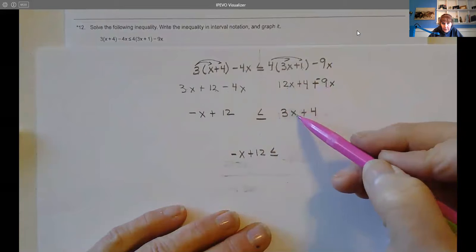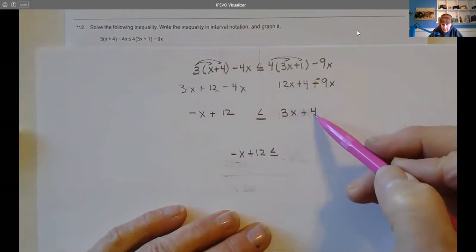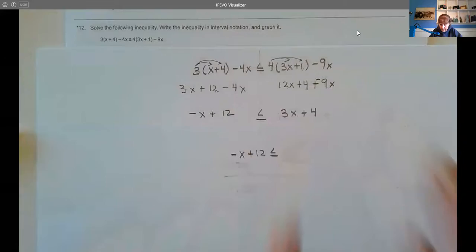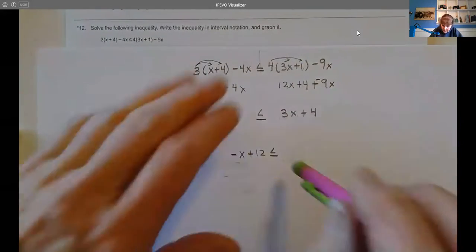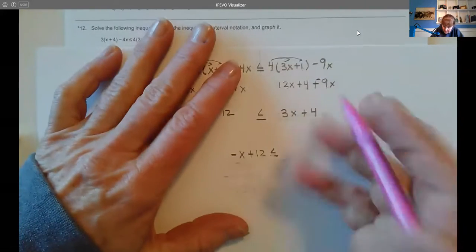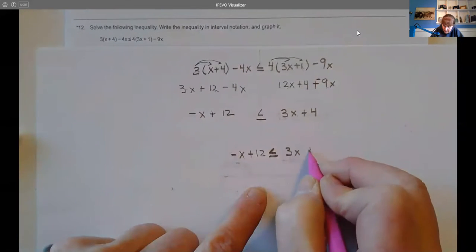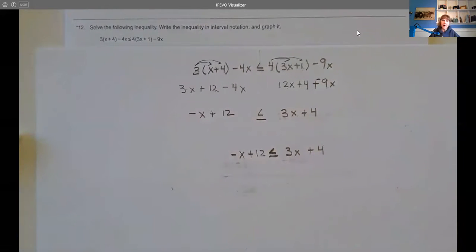And that gives us 3x plus 4. So I had to combine those two rather than those two, and that's okay. Yeah, that one's right. So I'm going to bring down a 3x plus 4. Now we'll start again. Sorry about that. It wasn't too bad.